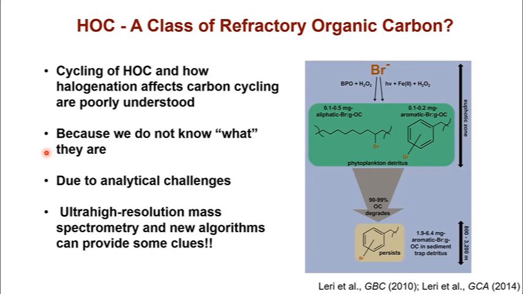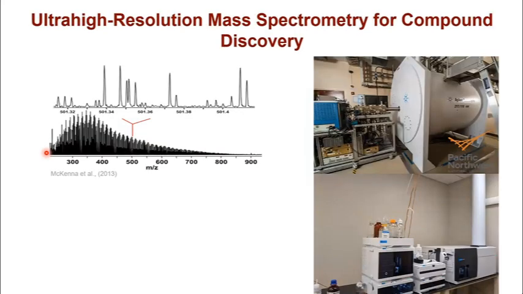This is because historically we have had a hard time characterizing what they are, due to the limitations in mass spectrometry resolution. But with the advent of ultra-high resolution mass spectrometry and new algorithms, we are now at an exciting moment where we can start to unpack what they might be.